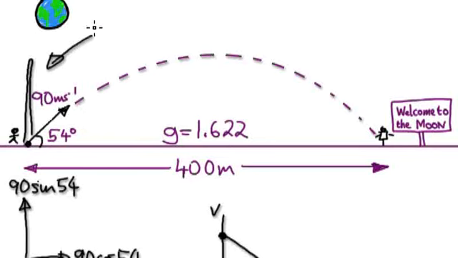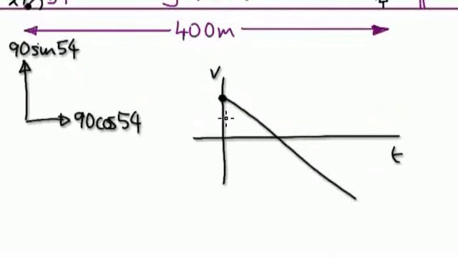So to find out the total flight time, we are just going to look at this problem here. So we are shooting it vertically upwards. So the vertical velocity will be 90 sine 54, and we are trying to find out the total flight time here.